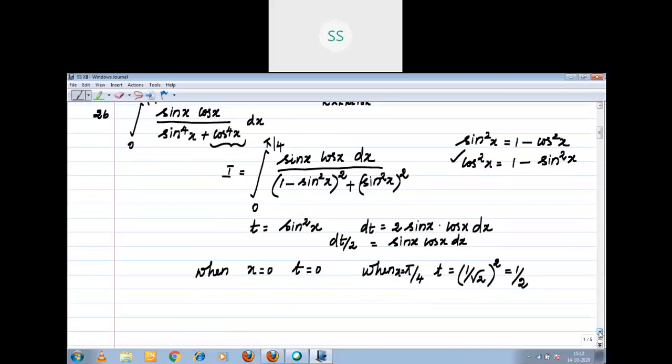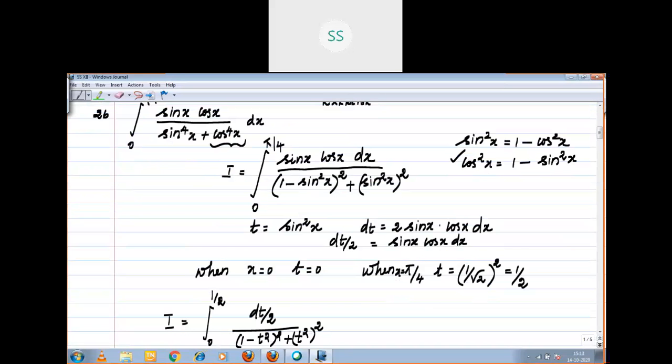Now, I equals the integral with limits 0 to 1 by 2. The numerator can be replaced by dt by 2. The denominator is 1 minus t, the whole square, plus t square, the whole square.